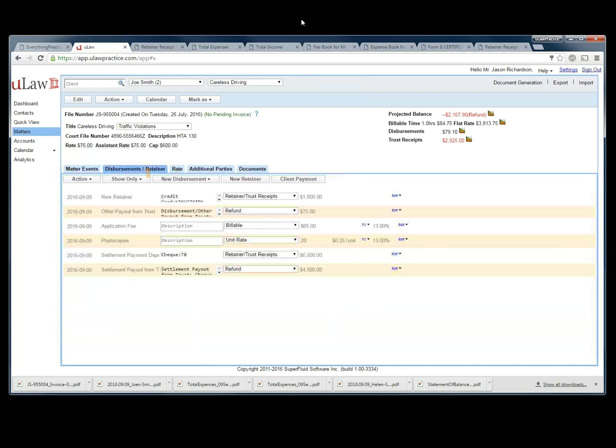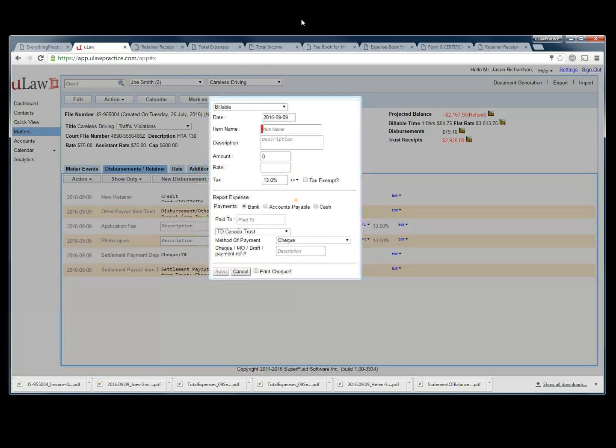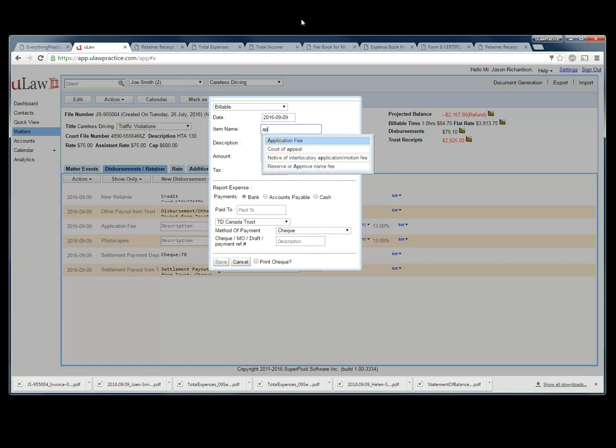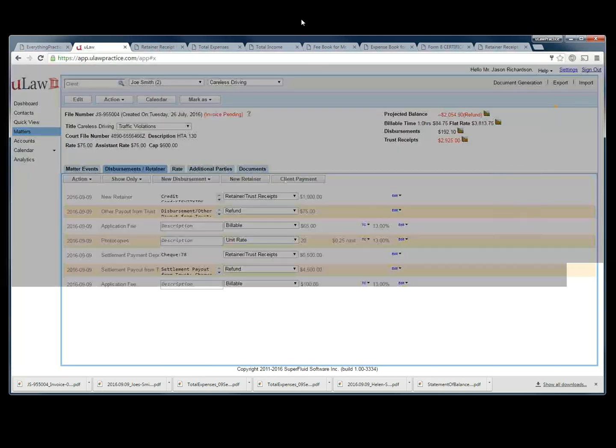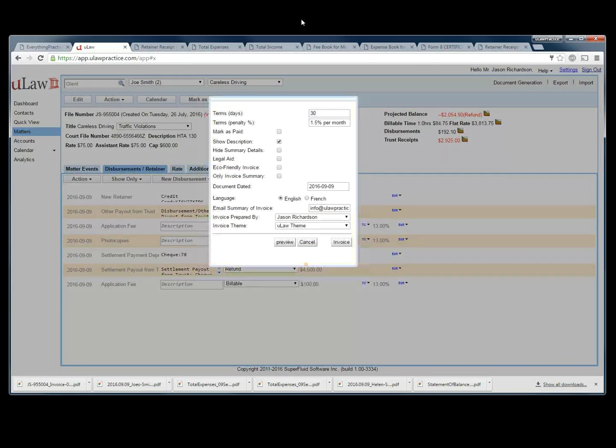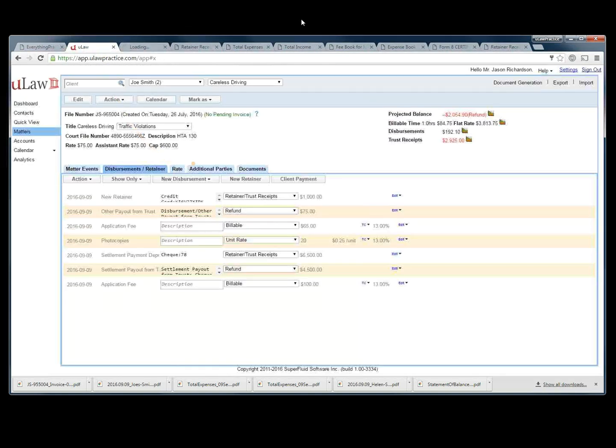Let me just quickly put a small disbursement, and this is where I can explain the concept of overpayment better. Let's say the application fee was $100, so that means the client actually owes you $113. So let's quickly raise an invoice. And let's have a use case of overpayment.